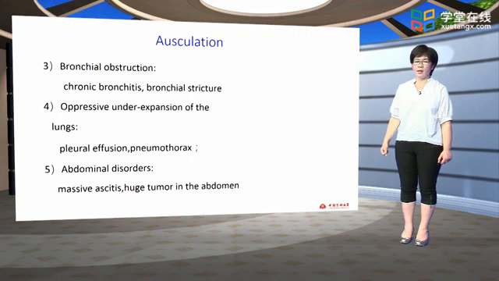And if there is a big amount of pleural effusion, you cannot hear breath sound. The fifth reason is abdominal disorders, like a patient with massive ascites or a huge tumor in the abdomen, so they cannot breathe with their diaphragm, and they have lower or decreased breath sound.